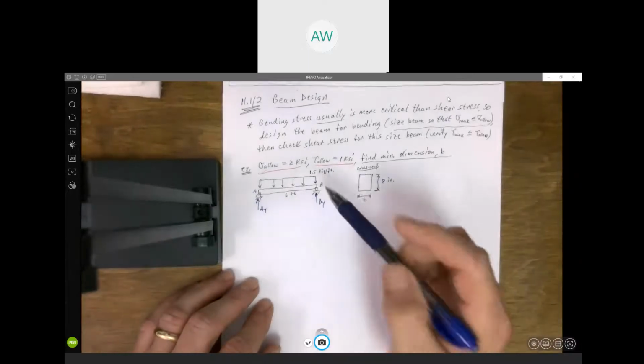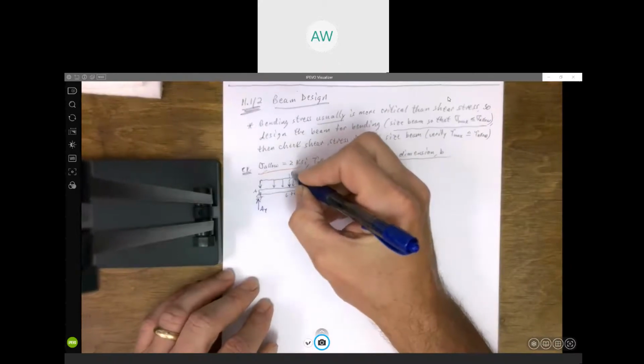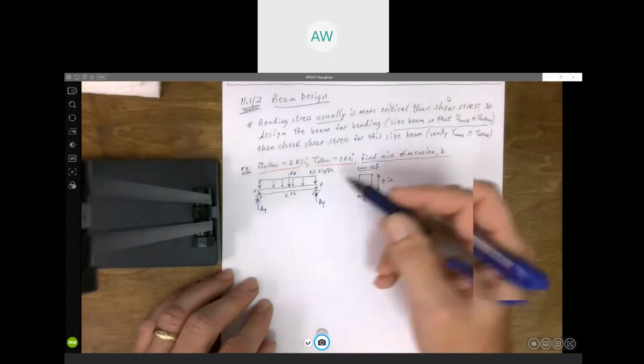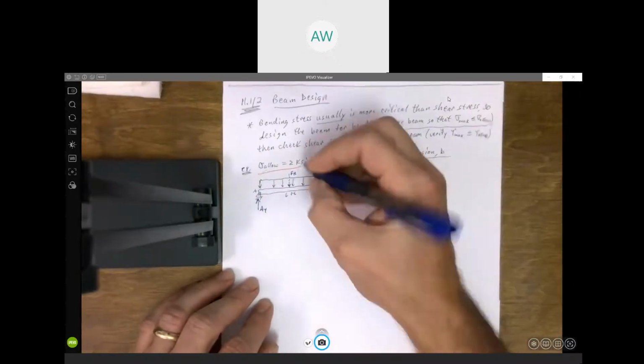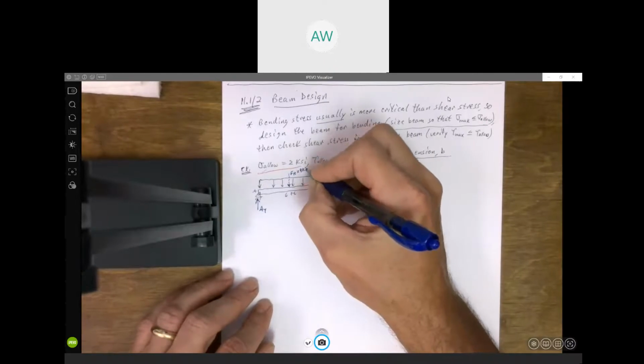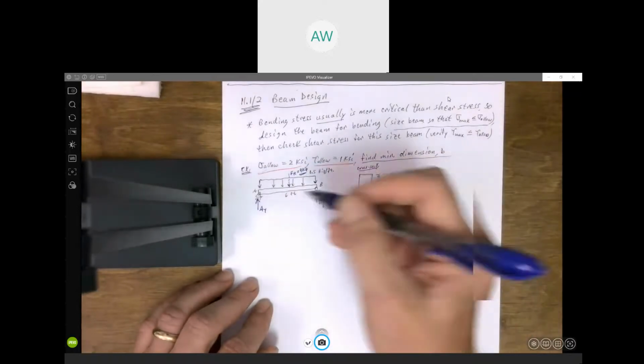Our distributed load, remember the resultant force, is just equal to the area. So we got 1.5 times 6. If I do my math right, that's 9 kips. So that distributed load is equivalent to a 9 kip force, and it acts at the centroid, which for a rectangle is right in the middle.